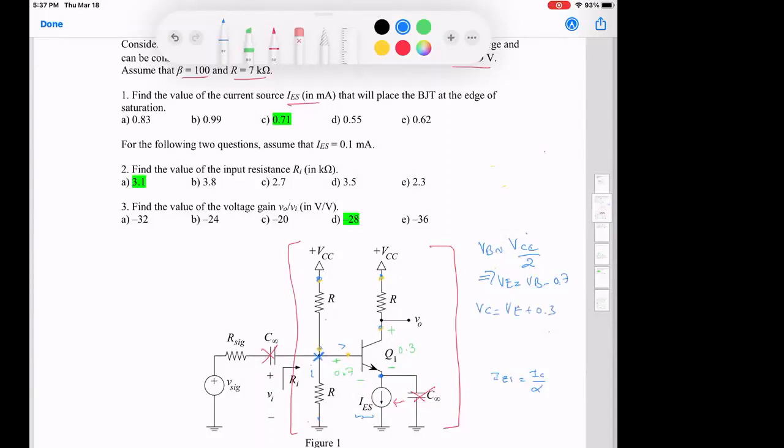which is effectively as if I took it from the base. And then I can know what IC will be equal to, because it will be VCC minus VC over R. And then I can find IE from IC. So this is the simplified approach. If we solve it the exact way, we have to really plug into the equations with two unknowns.